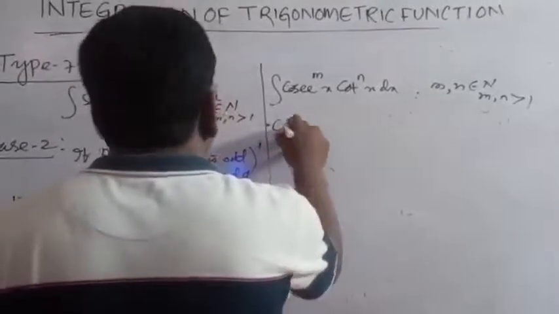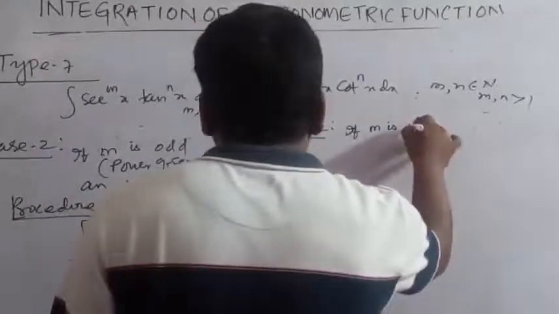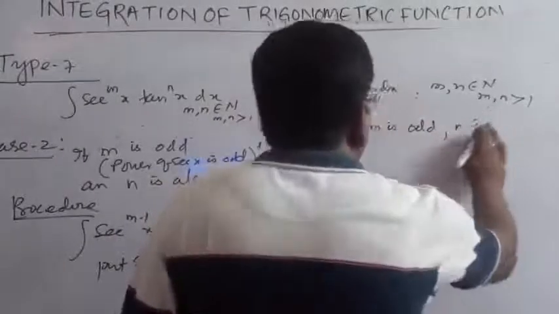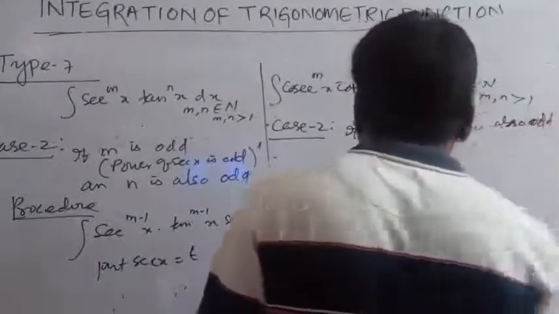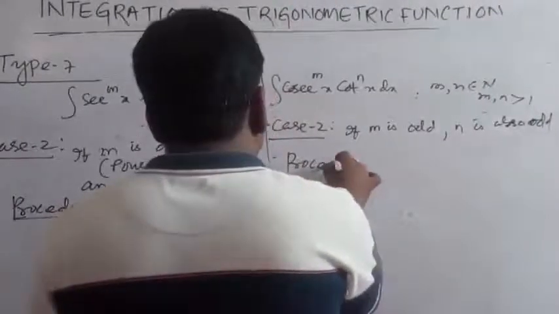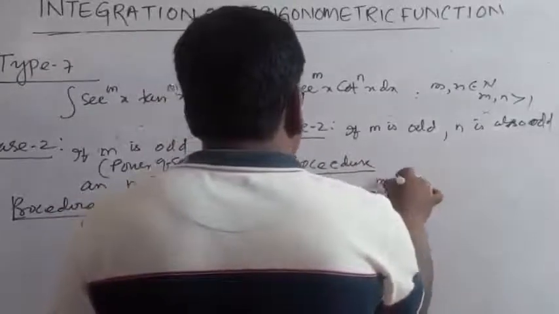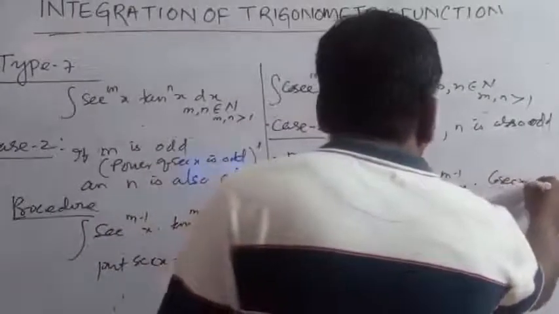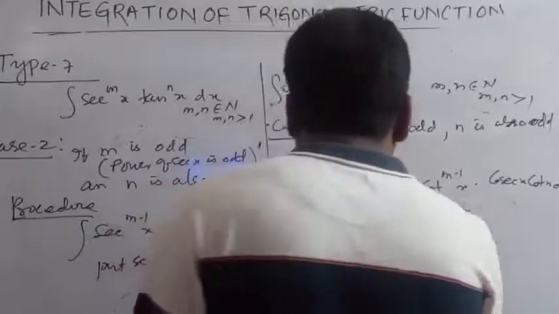Here case 2, same process: if m is odd, n is also odd. Same procedure: cosec m minus 1 x cot n minus 1 x, cosec x into cot x dx. Put cosec x equal to t.